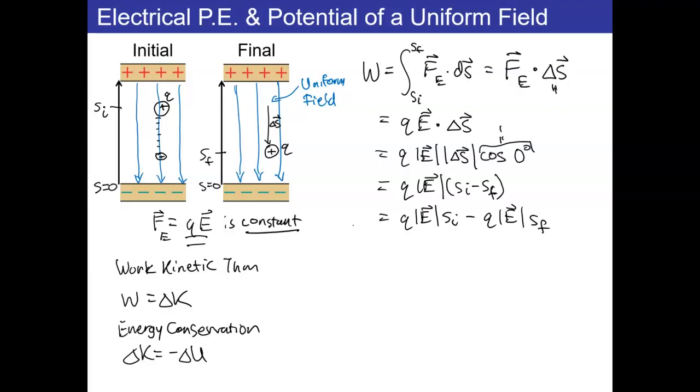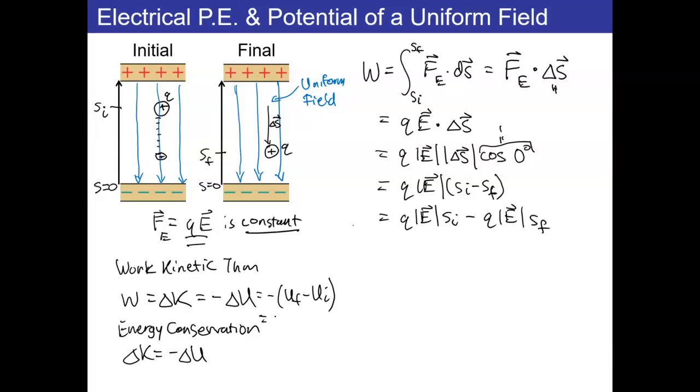That's what we talked about last time. And so if I put these together, we see the work done is going to be minus the change in the potential energy. Again, whenever we use the delta, we mean the final value minus the initial value of that quantity.